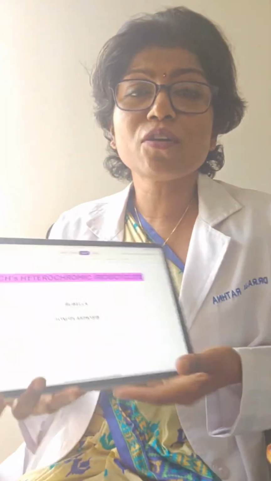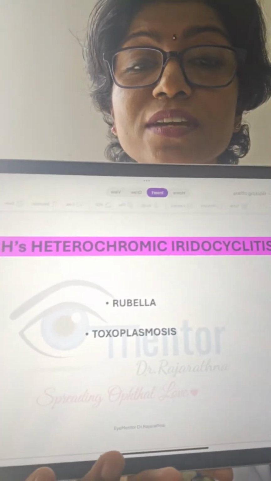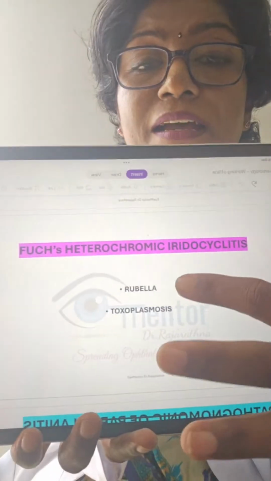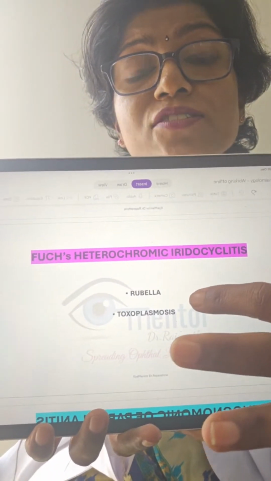Now next question: which of the following is implicated in the pathogenesis of Fuchs heterochromic iridocyclitis? You all must be thinking, madam is so fond of Fuchs heterochromic iridocyclitis. Yes, it is important. In the pathogenesis, one that is important is rubella, and another one is toxoplasma.